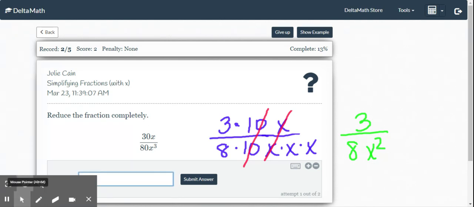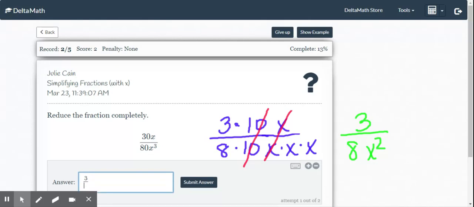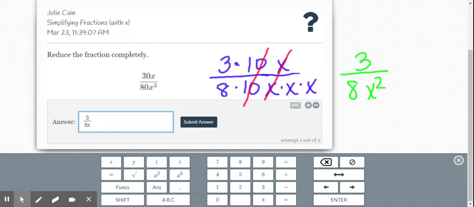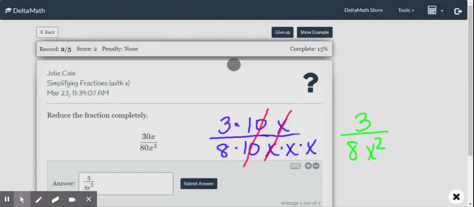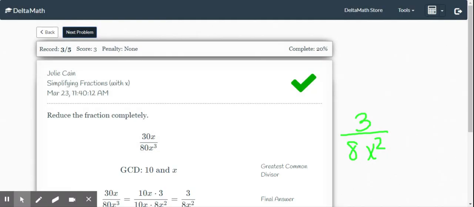Now we can go to our answer and type that in, 3, and I'm going to hit the slash mark by the question mark on my keyboard so that it makes a division, 8x, and now I need a square. So I'm going to hit my little keyboard button again and use the squared button, and submit that. Yes, I'm sure. And sure enough, there we go.